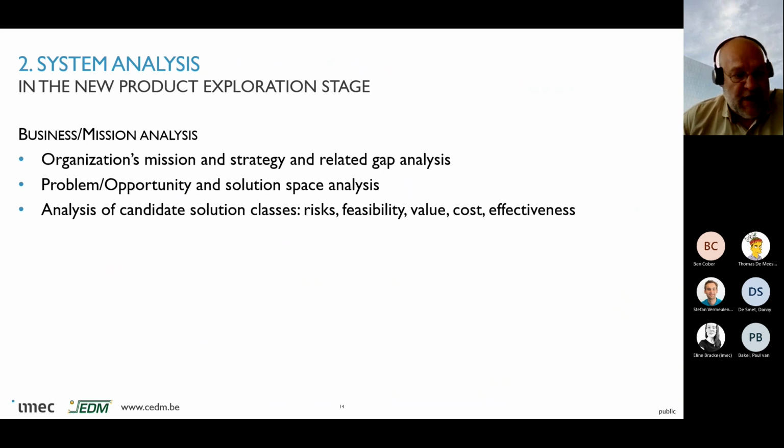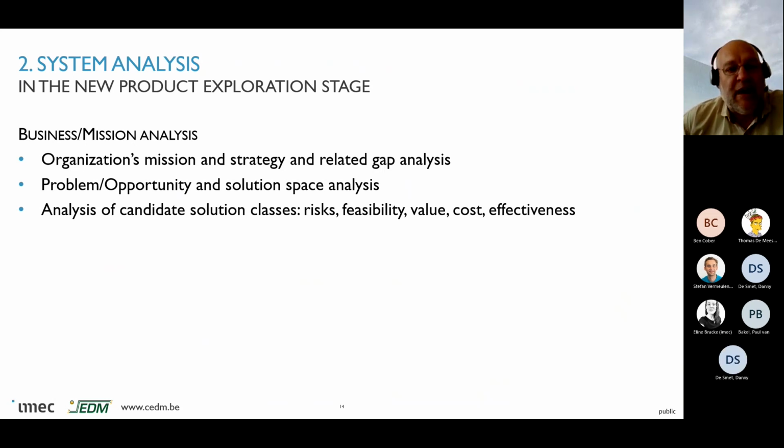Then we have the problem, opportunity and solution space analysis. And then also in the mission analysis, we identify certain candidate solution classes. For that, we are going to analyze the risk, the feasibility, value, cost, effectiveness, etc. So this process is really about system analysis with some additional definition of requirements.